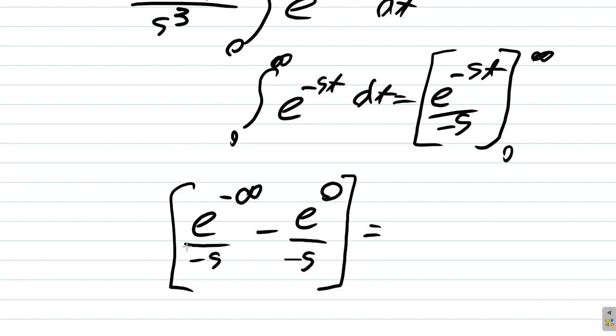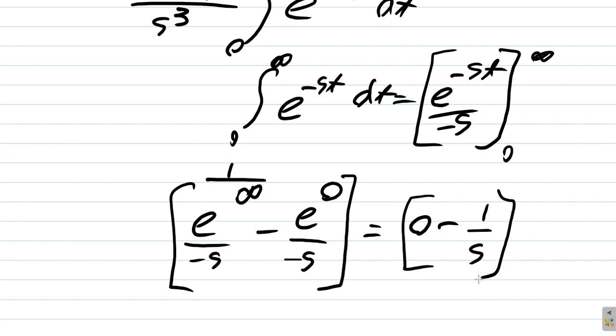So what we have here, e to the negative infinity, is going to be the same as 1 over e to the positive infinity. I know that this is going to be 0. So it's 0 minus e to the 0, which is 1 over s, right? So you see that? So it is negative 1 over s.